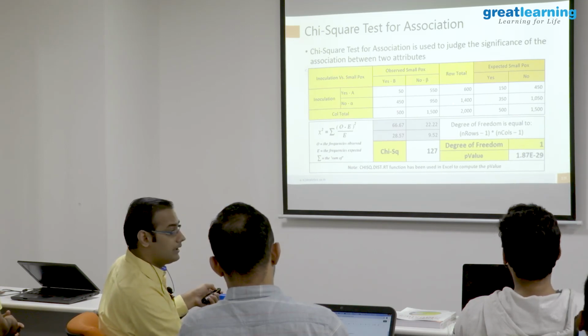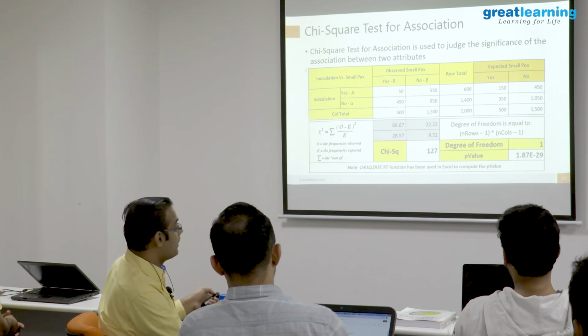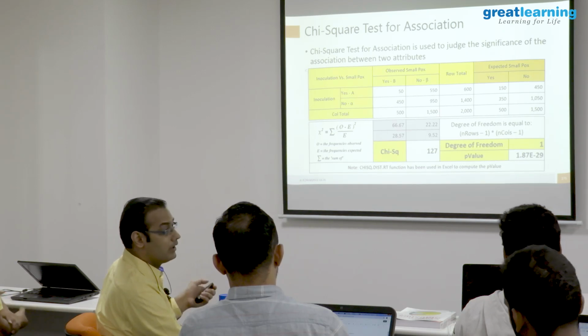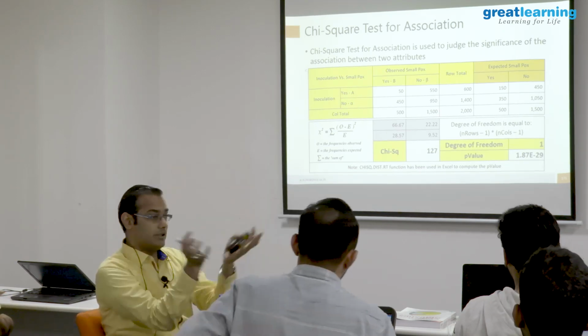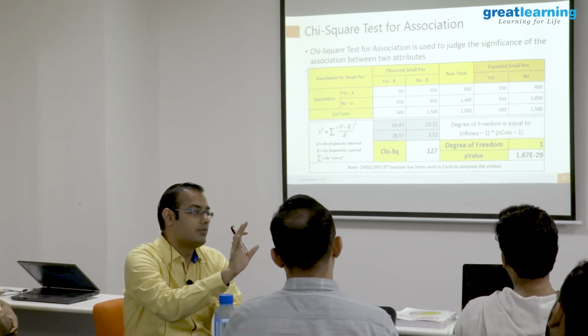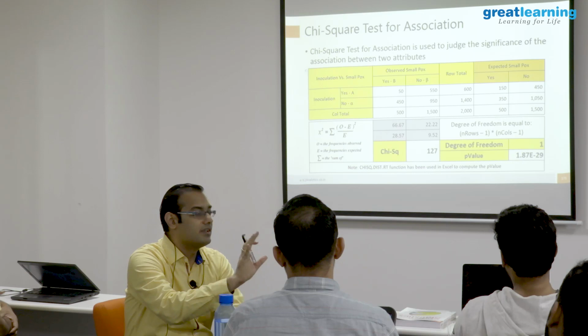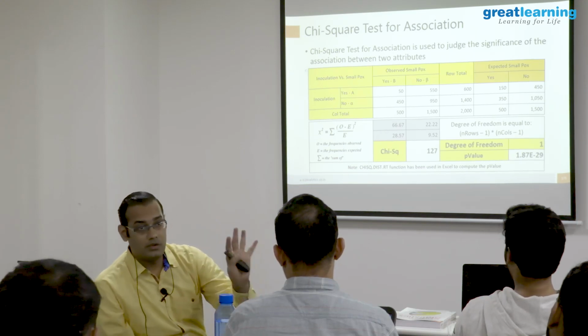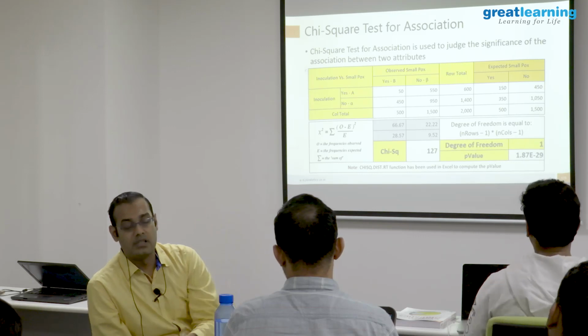How many people are there in total? 2000. Out of 2000, how many people got smallpox? 500. How many did not get smallpox? 1500. So in the overall population, 25% were attacked by smallpox, 75% were not attacked. Are you getting overall what is the scenario?